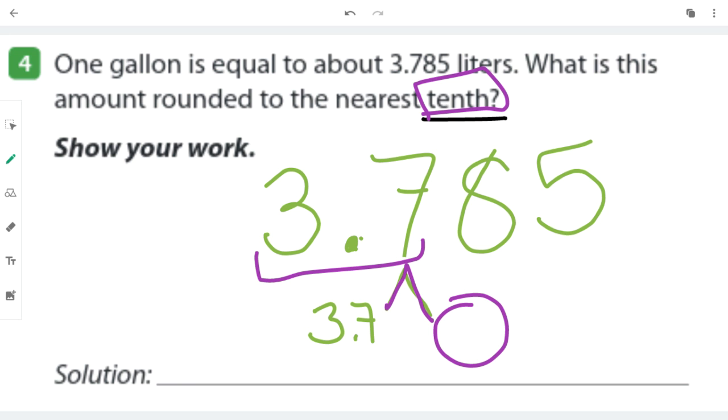Once you figure out what goes on that side, and you have your two options, use the rhyme. Look next door. 4 or less, give it a rest, so stay there. But 5 or more, let it soar, and let it go up.